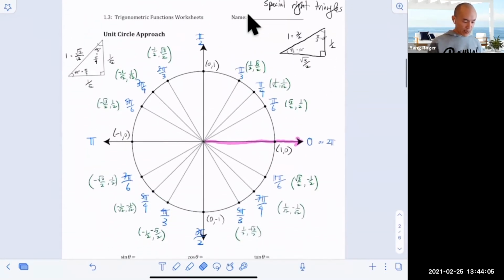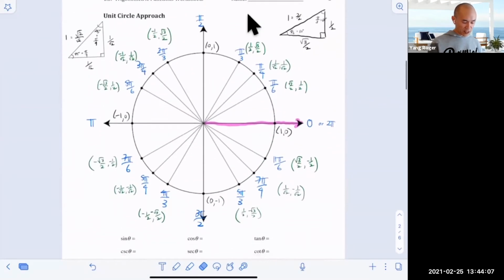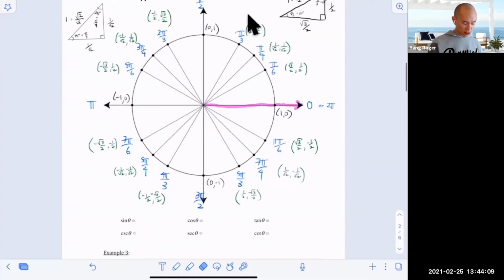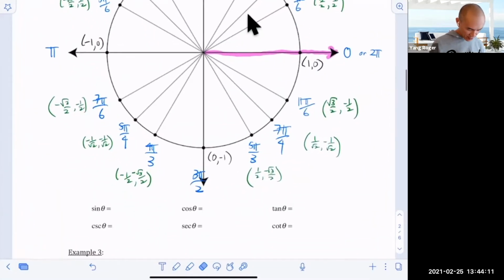But the nice thing about the unit circle approach is that it gives us the trig values. Basically, the point corresponding to an angle, the x value is going to be cosine theta, and the y value is going to be sine theta.